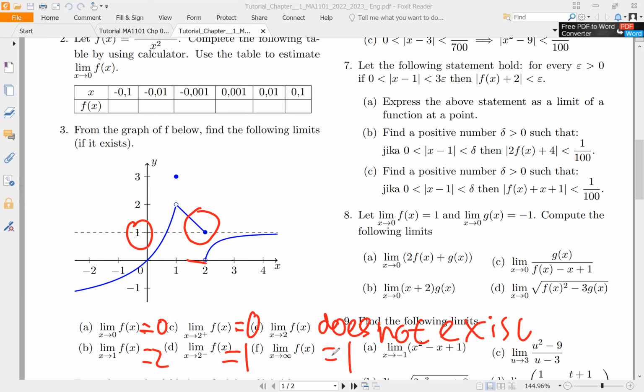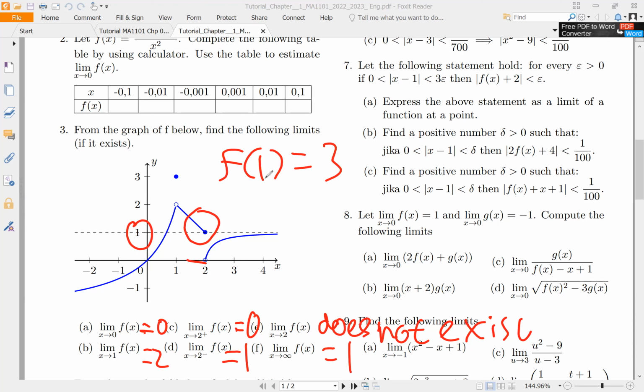I have to add several comments. Sometimes, for example, if you want to revisit part B there, although the limit is 2, you'll see that from this information, the value of f(1) equals 3 there. Okay.